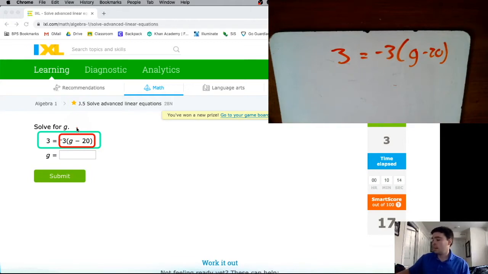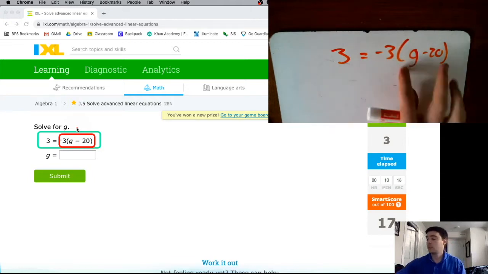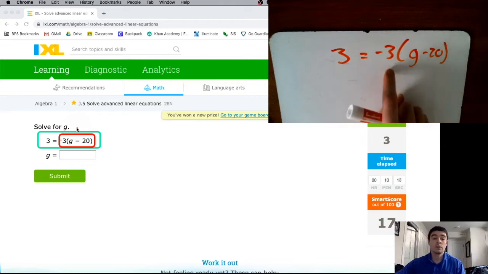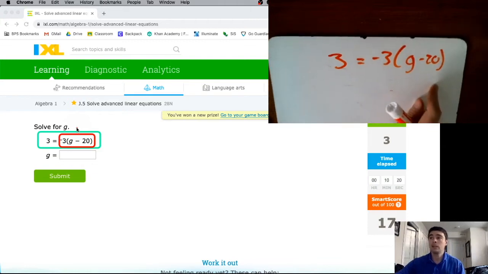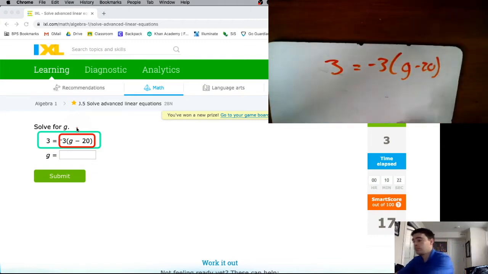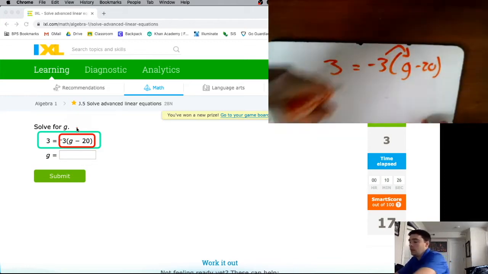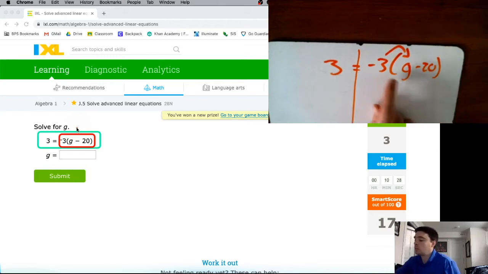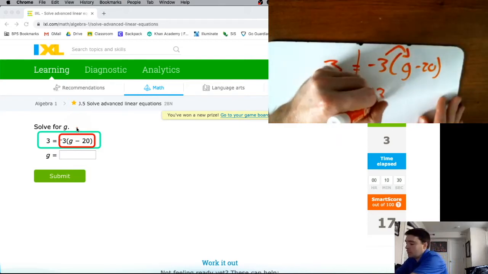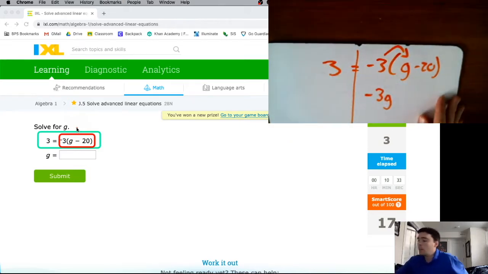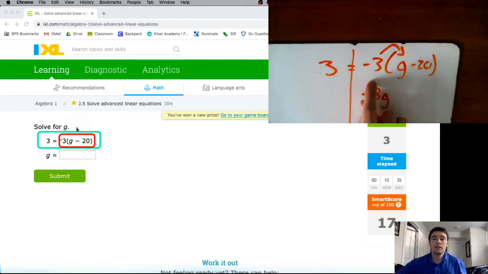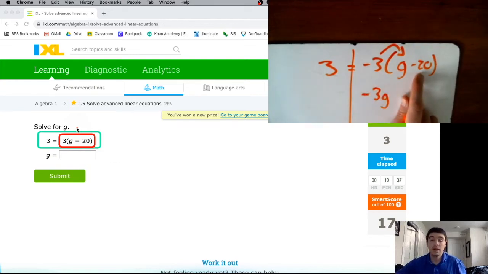What I mean by that is this negative 3, if I want to get rid of these parentheses, the negative 3 would need to be multiplied back into each term in here. So first the negative 3 would need to be multiplied with g. And if I do negative 3 times g, that gives me negative 3g. But now the negative 3 also needs to be multiplied back with the negative 20.